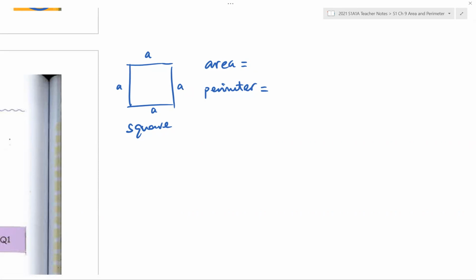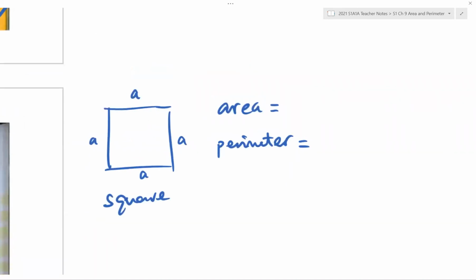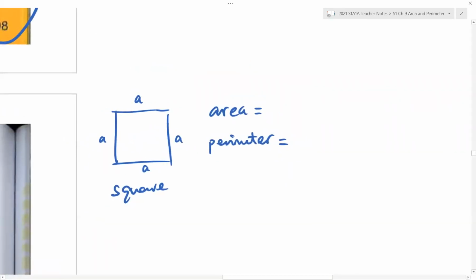Length, okay, what is the length and breadth over here? What is the side over here? Okay, what is the length in this example? A, okay, so what times what? A times A, we call it A squared.